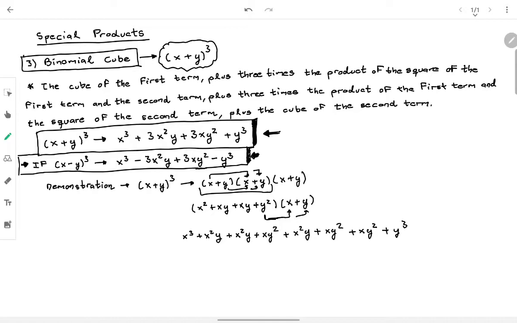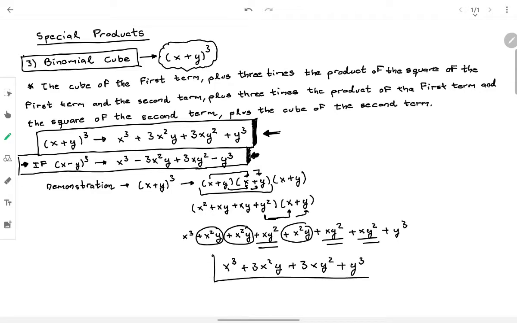So in this case, we can do like term simplification. So we got this x squared y, this x squared y, and this x squared y. So it will be x cubed plus 3x squared y. Then it will be plus 3 times xy squared plus y cubed.